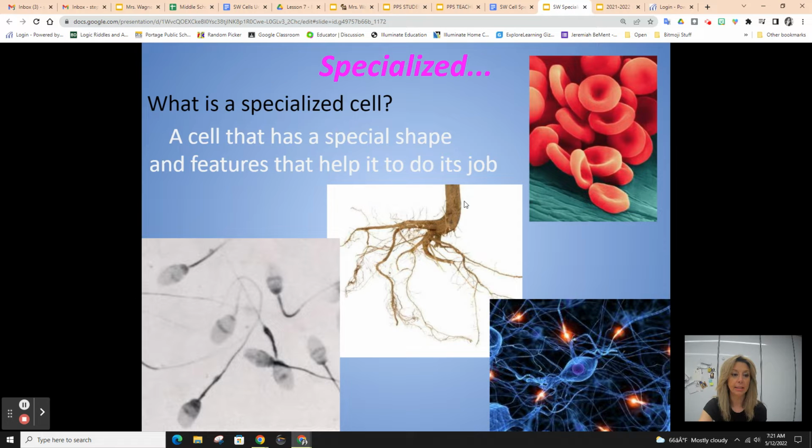This is a red blood cell. We've got some roots. These are sperm cells. This is a nerve cell. We'll go into how they're specialized and what their functions are, and why a blood cell might be shaped like this instead of like a nerve cell. Okay?